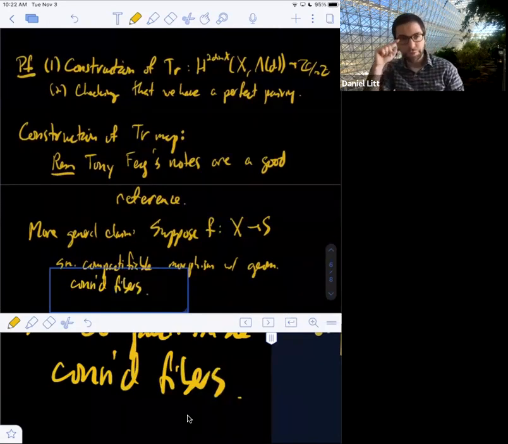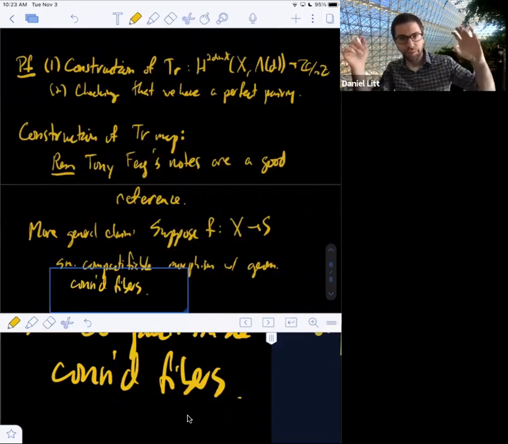Remember, compactifiable meant that there was an X prime so that we could factor the map X to S as a map from X to X prime and X prime to S, where X to X prime is an open embedding and X prime to S is proper.